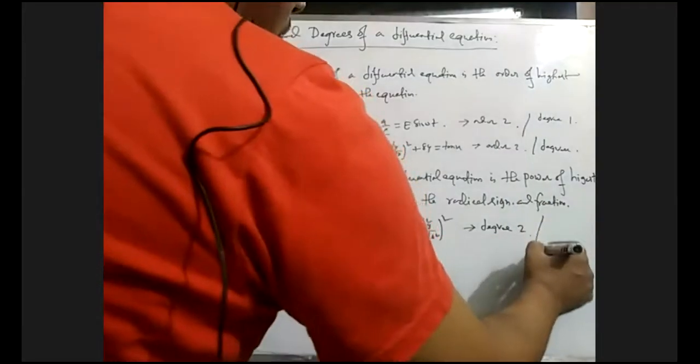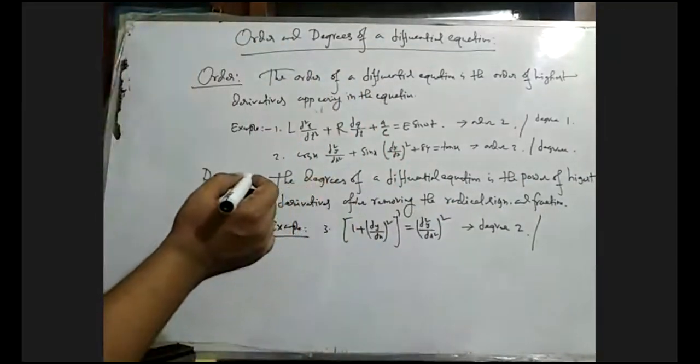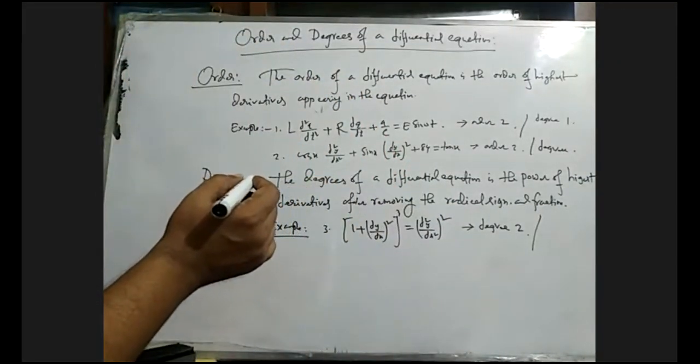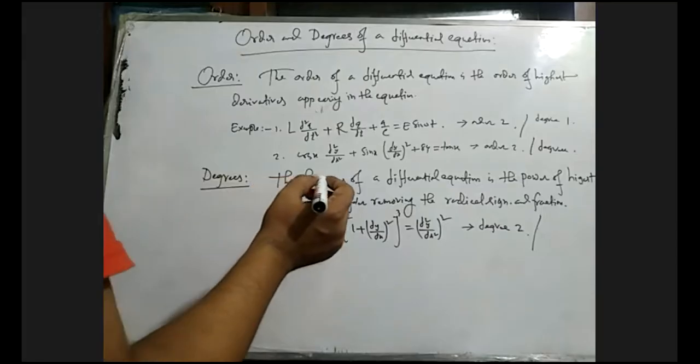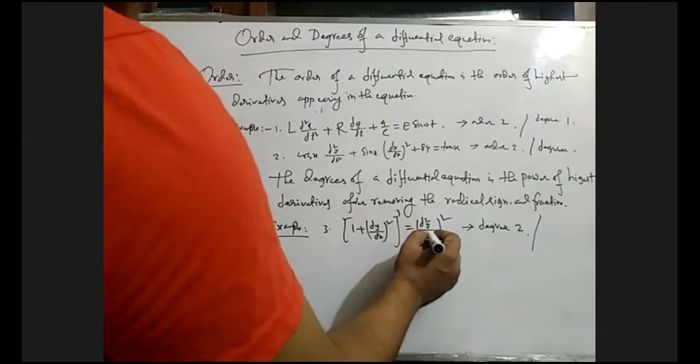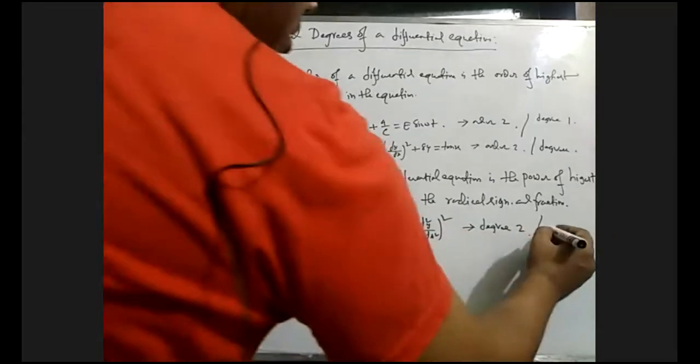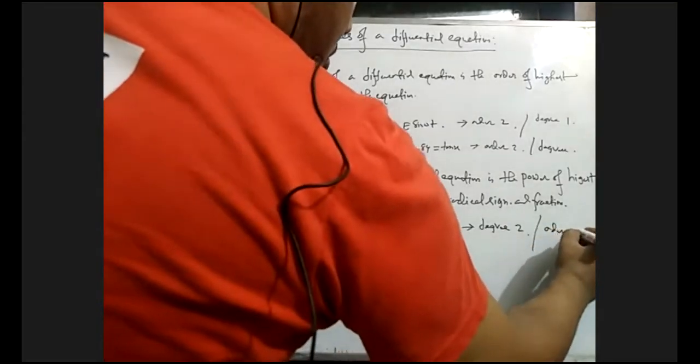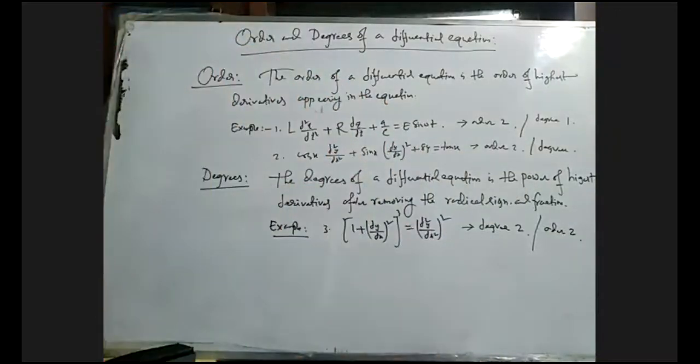But here, what will be the order? Order also 2, because the highest derivative is of second order, 2 times derivative. This is why order is also 2. Remember it.